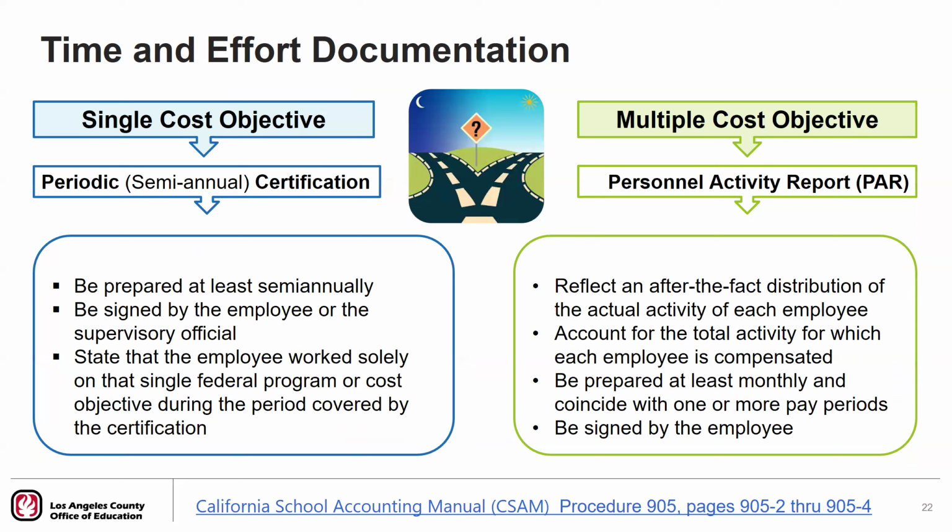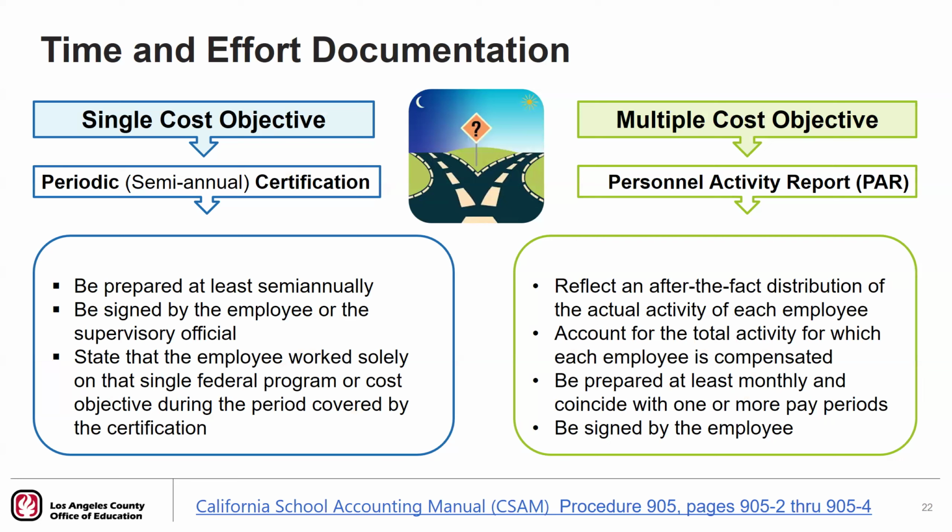So now for the certifications. The type of documentation required for certification of time and effort is determined by the cost objective of the position. Employees who work solely on a single federal award or a single cost objective need only complete a periodic semi-annual certification.